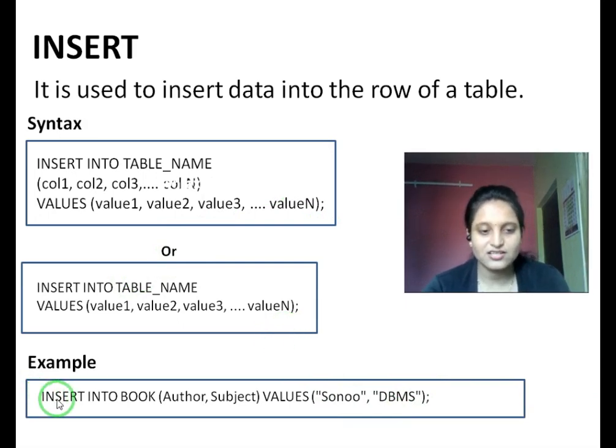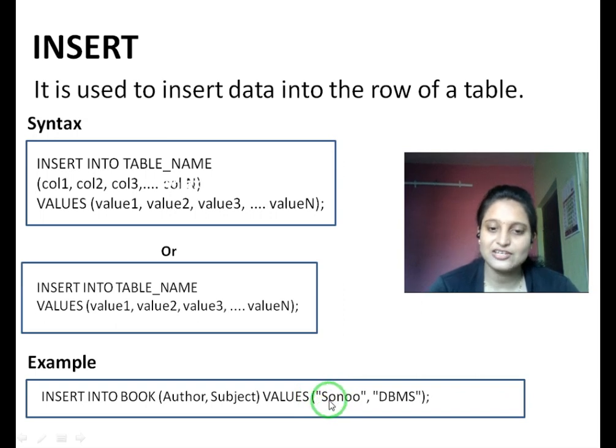Suppose I want to insert two values for the columns author and subject in a table book. Then form an insert query. Yes, insert into book, book is my table name. I want to place values for the author and subject columns. I specify the column names here, followed by values, which is the keyword, and as I want to enter a string value, I include it in quotation marks.